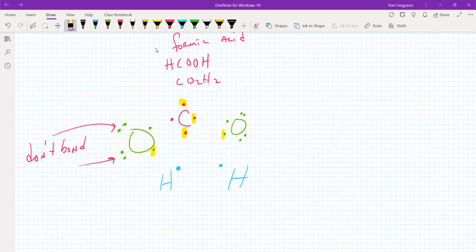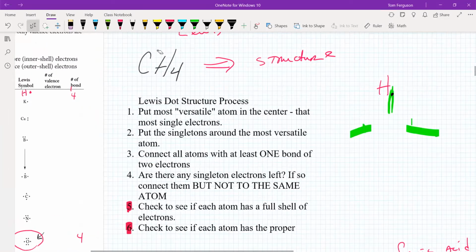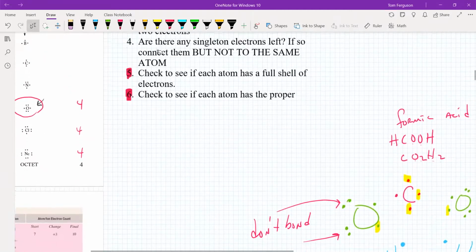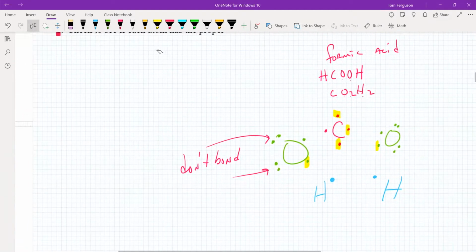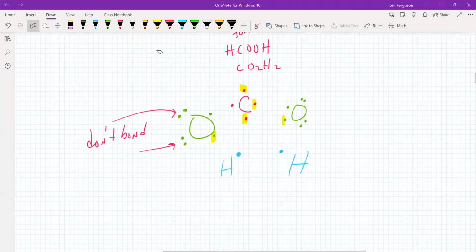Okay. All right. So going back up to step 3 here, connect all atoms with at least one bond of 2 electrons. Okay, so let's redo the bonds, not the same way since it didn't work. Well, let's see, let's connect that singleton with that singleton.